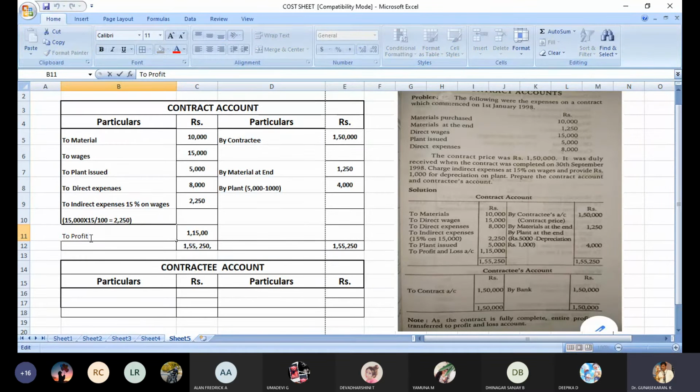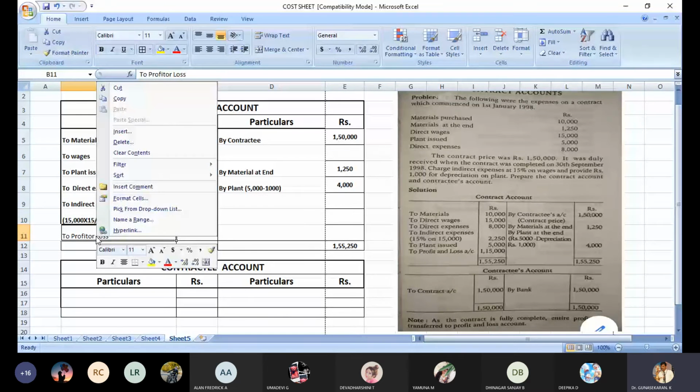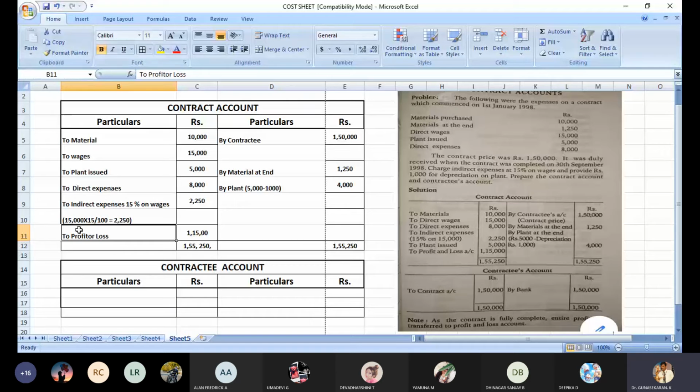Suppose it is a loss, then you write it on the credit side. So the contract account shows a profit of 1,15,000 rupees.